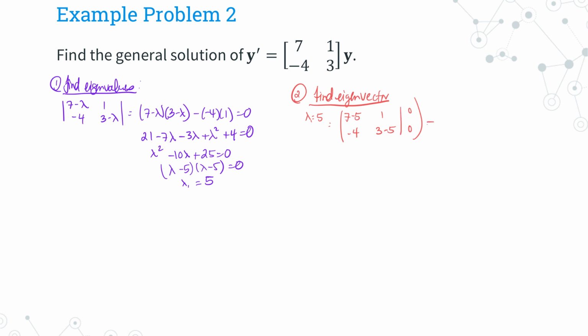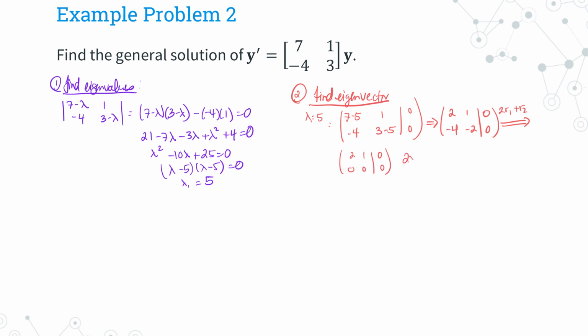So let's just simplify it a little bit. 7 minus 5 is 2, so we get 2, 1, 0. -4, 3 minus 5 is -2, and 0. If we said 2 row 1 plus row 2, we're going to find out then that we will get 2, 1, 0, 0, 0, 0.